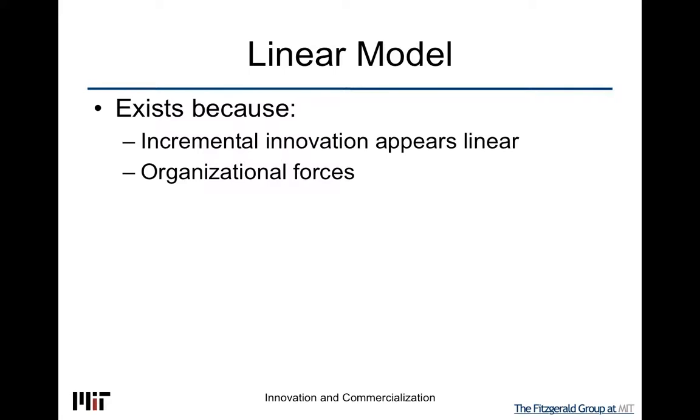So that's a very high level view of it, but maybe an easier way to look at it is the second reason that we have this model: we have organizations dedicated to executing on linear things. For example, the company has been selling things into the marketplace for innovation that was done a long time ago.